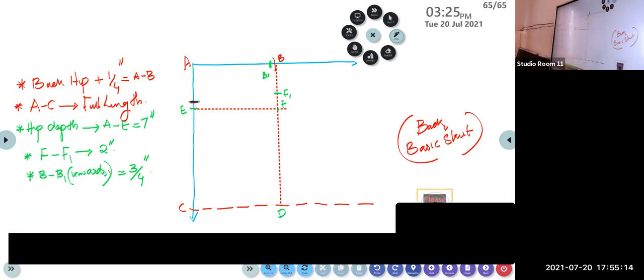From point A on the AC line, 5.5 inches down. And I'm going to mark it G.